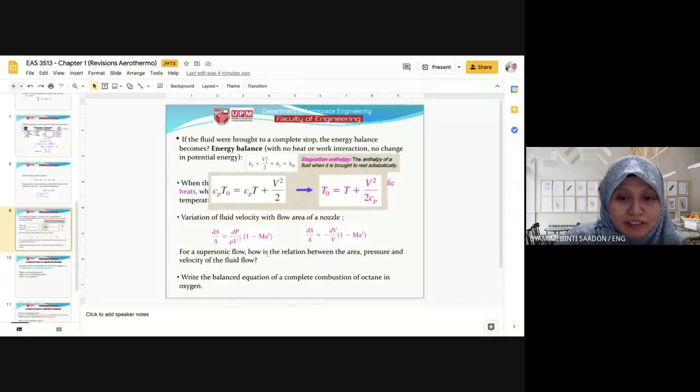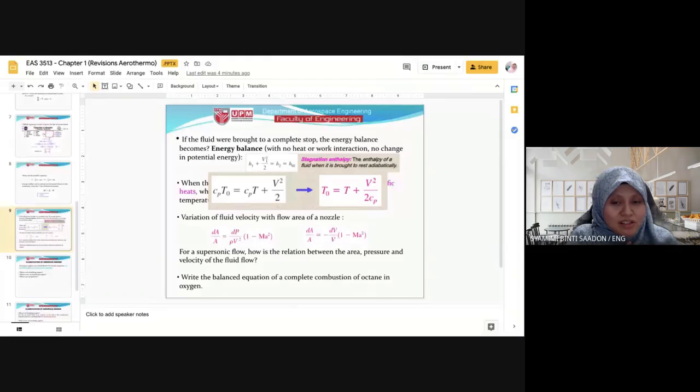This looks familiar to you. So we have the variation of fluid velocity with flow area.